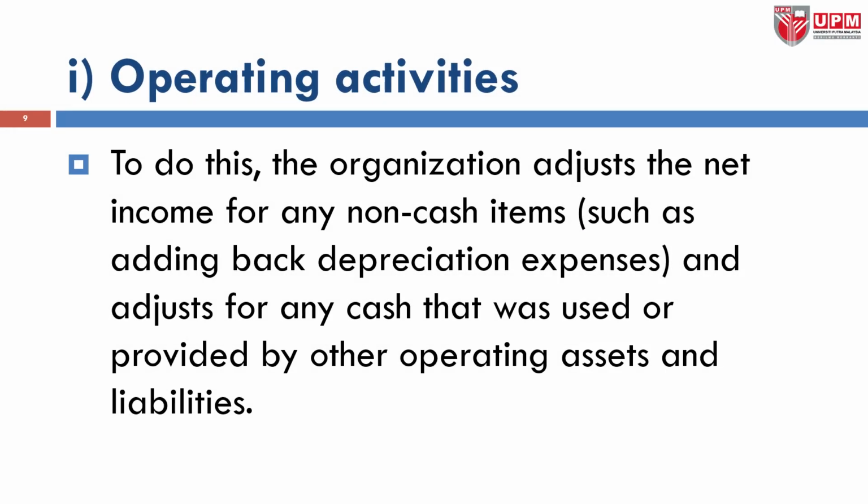To do this, the organization adjusts the net income for any non-cash items, such as adding back depreciation expenses. Remember, the depreciation expenses may occur at certain period of time and may not, and adjust for any cash that was used or provided by other operating assets and liabilities.